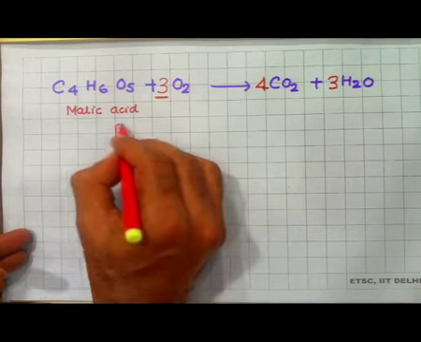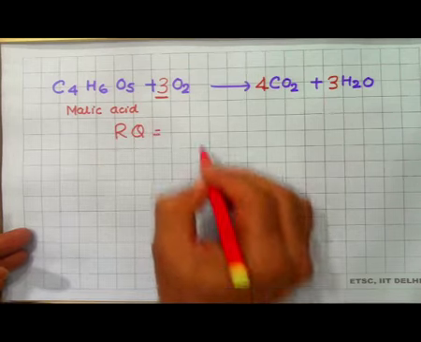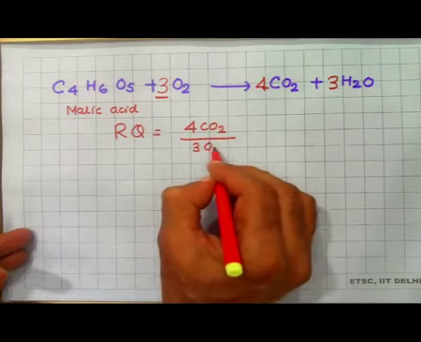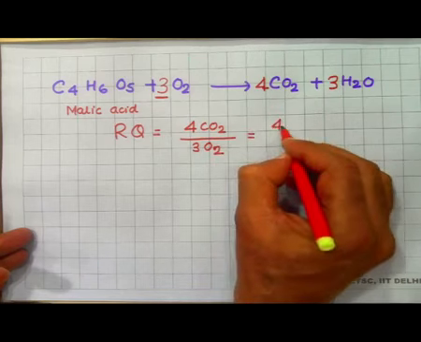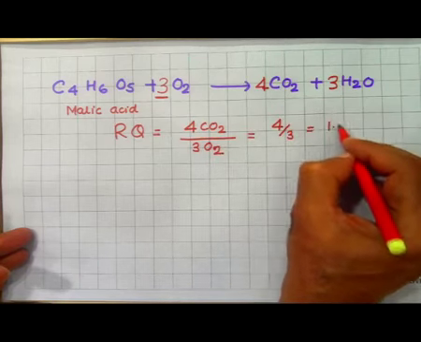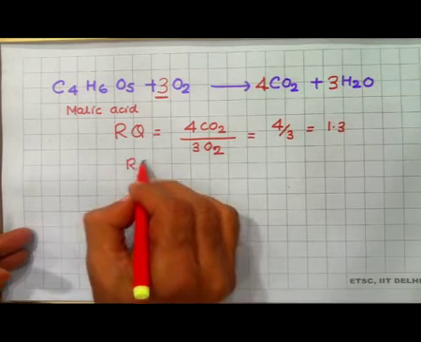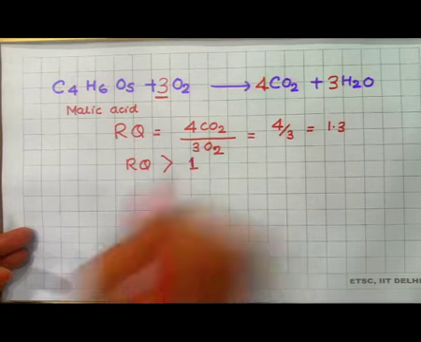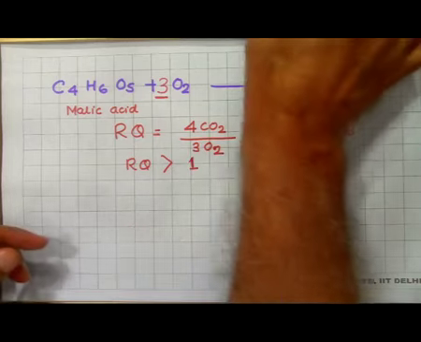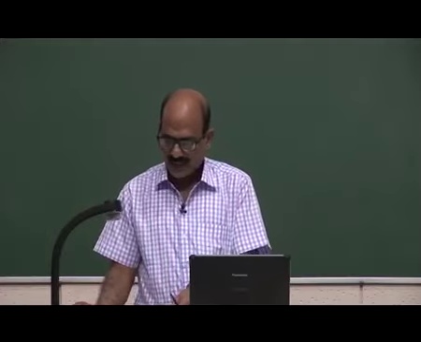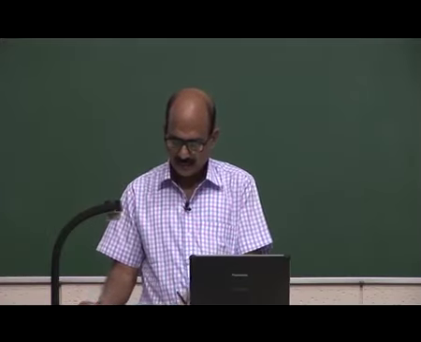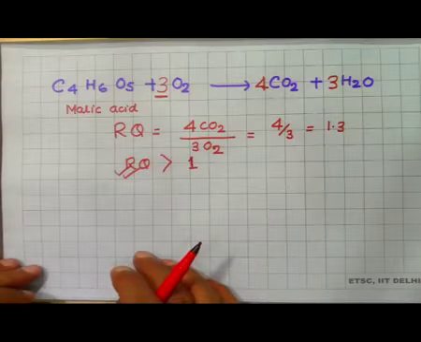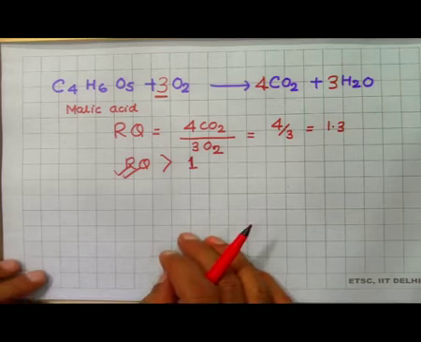Now, what will be the RQ? RQ will be 4 CO2 divided by 3 O2 consumed, that is 4 by 3, which is 1.3. Here also RQ is greater than 1, so the substrate will be organic acid. With the help of this discussion, we can finally show that the value of RQ classifies the organic compound or the respiratory fuel that can be used.